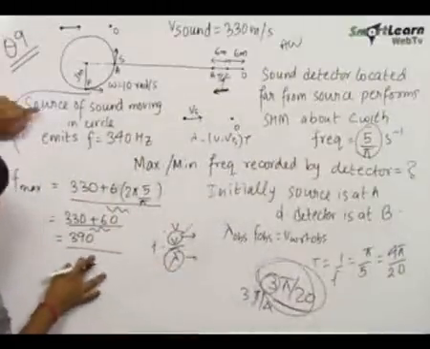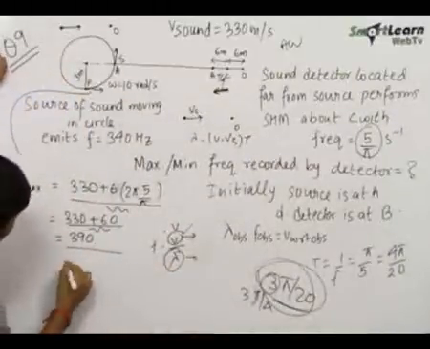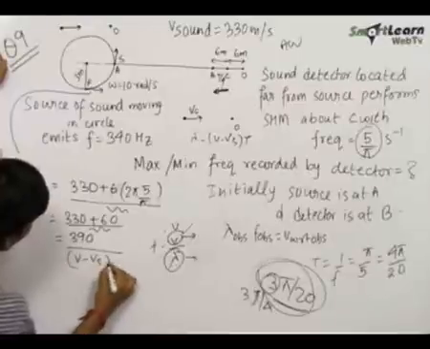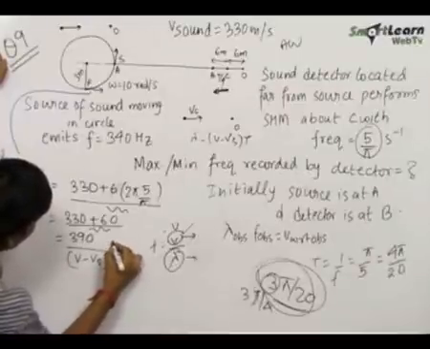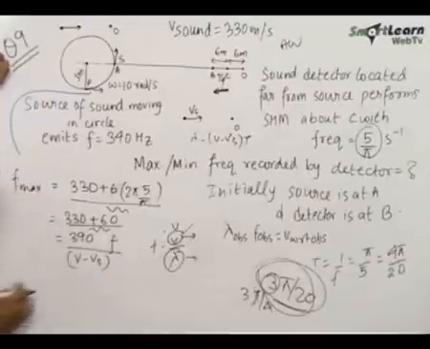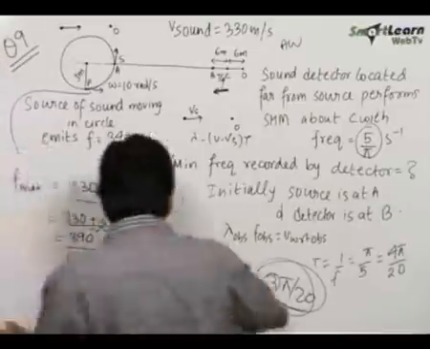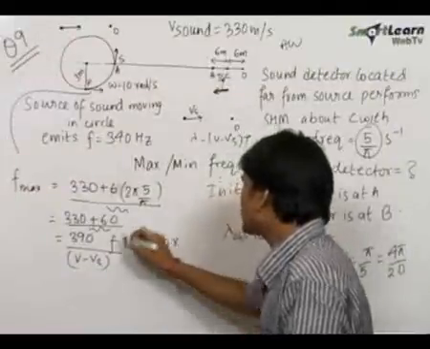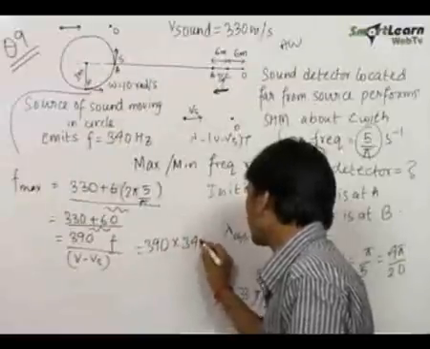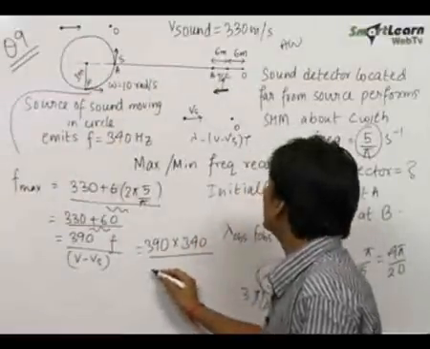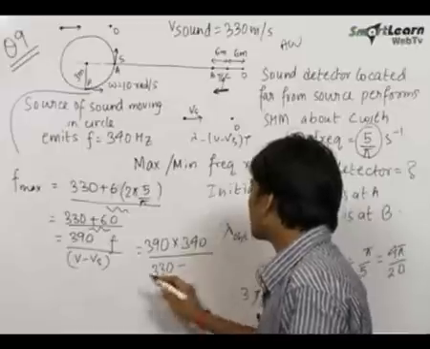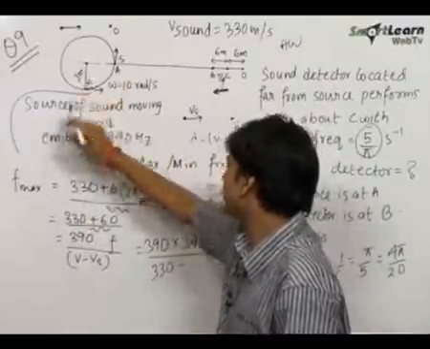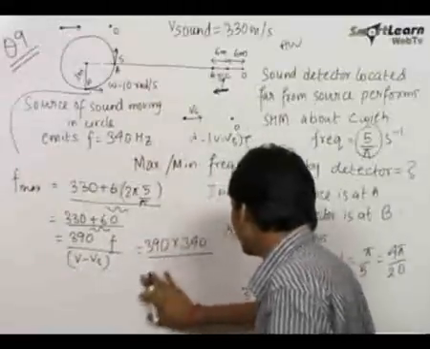We know that since the source is moving towards the observer, the wavelength will be equal to v minus vs into T, that is equal to v minus vs into 1 upon f, that is 390 into f upon v minus vs. Now on substituting the values over here, we get this is equal to 390 into the frequency of source, that was 340, upon velocity of sound, that is 330, minus velocity of source, that is equal to omega r again, that is 10 into 3, that is 30 again, therefore we write this as 300.